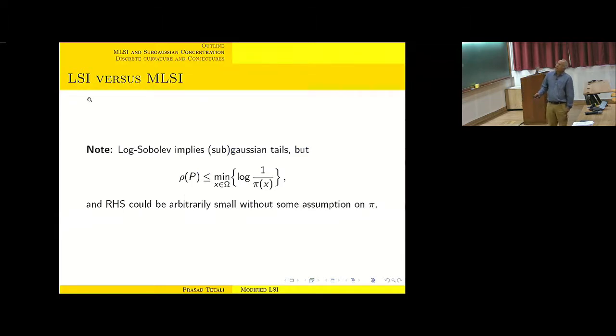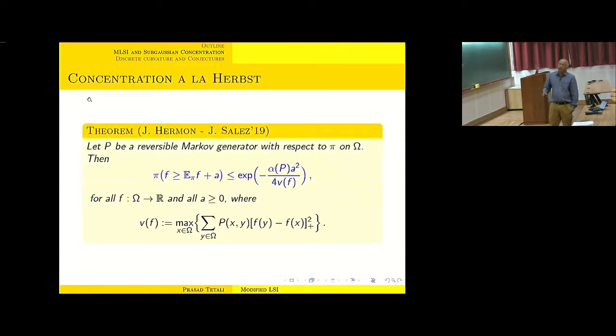So again, this is a reminder that while we know Gaussian or sub-Gaussian tails follow from log Sobolev, our issue is that for lots of examples, this is typically smaller order than alpha, than modified log Sobolev. That's why we're bothering to go through this exercise that people knew how to do starting from log Sobolev.